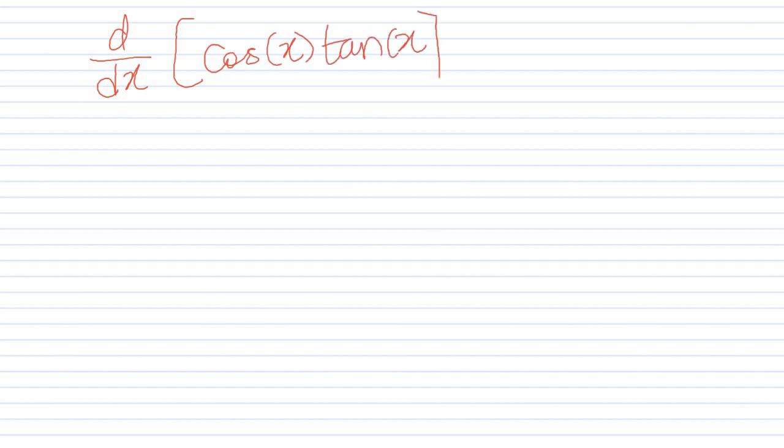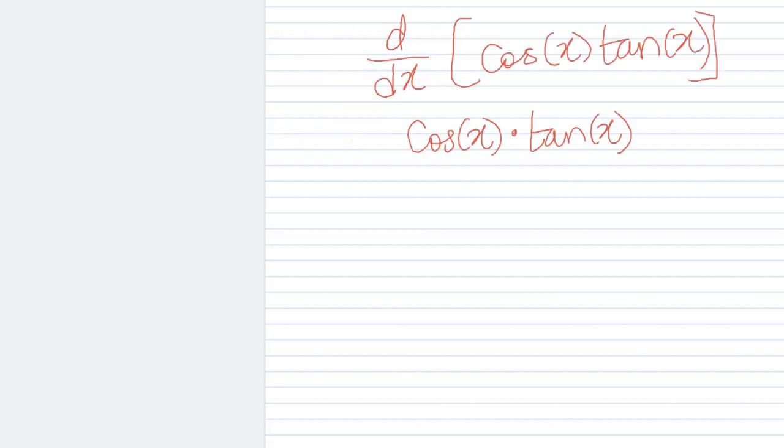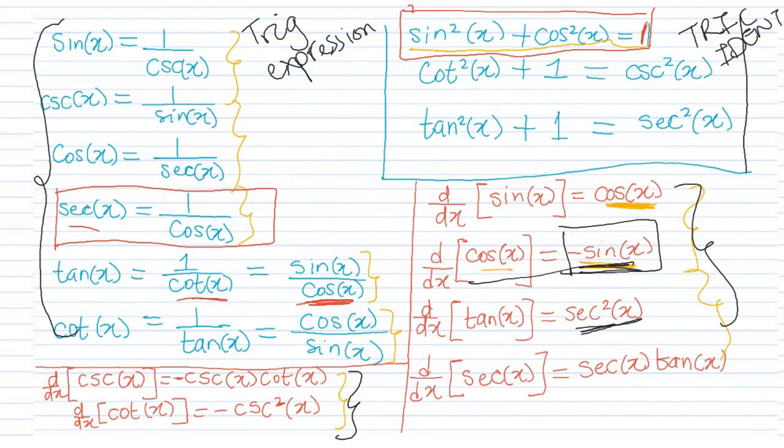But if you look at it, before you apply anything, cosine x, right, multiplied by tan x, what is that? If you remember the trig expressions, you would see that we said tan x can be known as 1 over cotangent x, can also be known as sine x over cosine x.